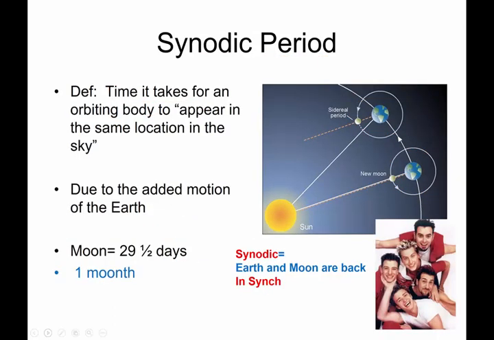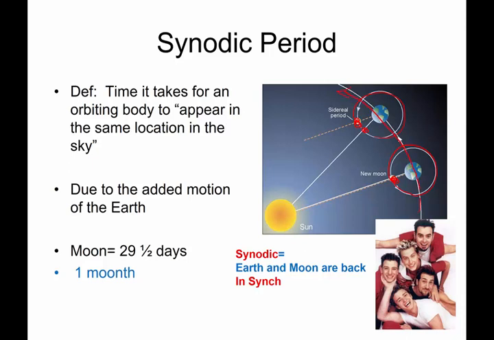But there's another thing that occurs. The moon's not the only thing that's moving. The Earth is moving as well. It might take 27 and a third days for the moon to go from here back to that same spot, but in that time, the Earth is also revolving around the sun.